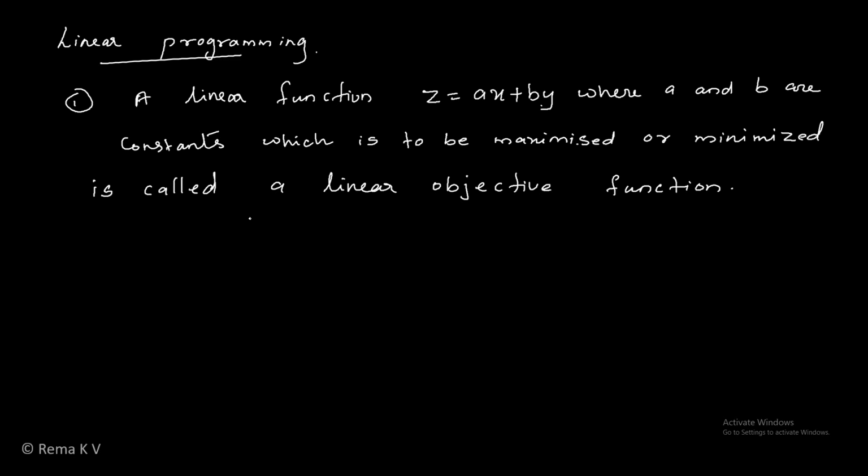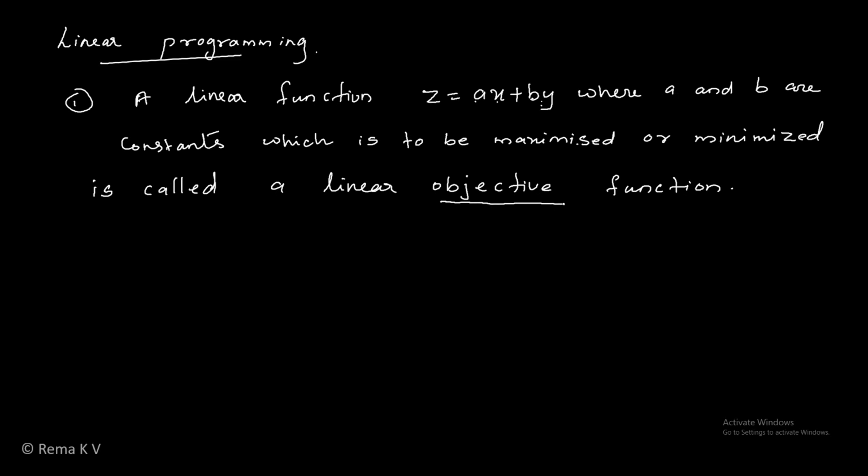Okay, now see, we are given a function z is equal to ax plus by, where a and b are constants and x and y are variables. So these type of functions are called objective functions.